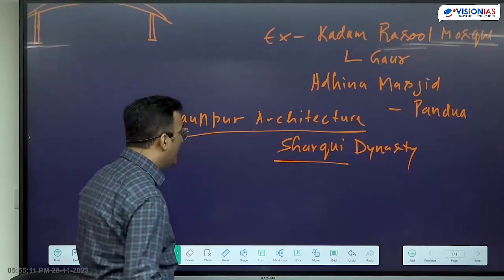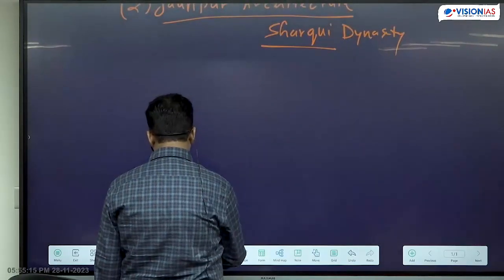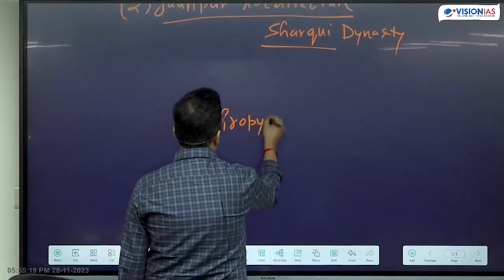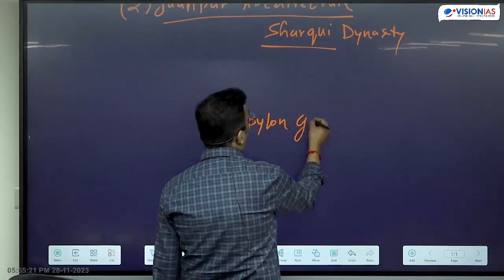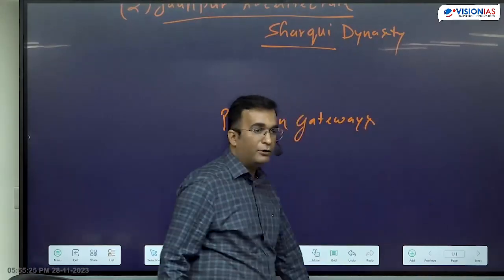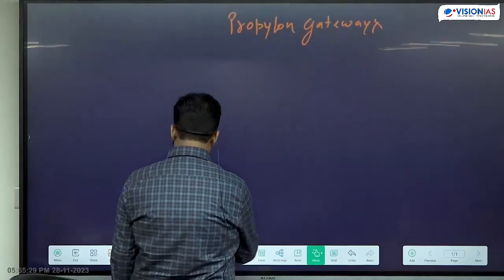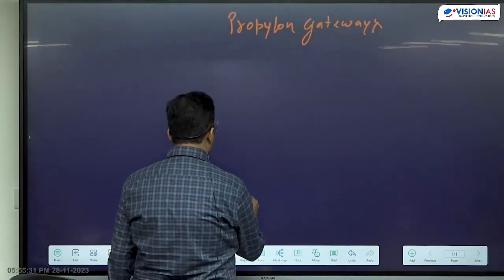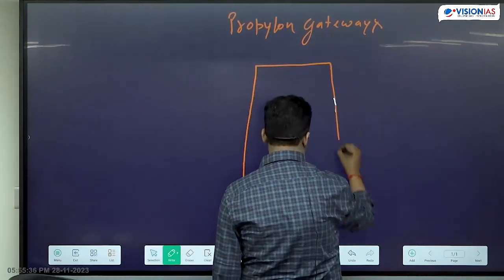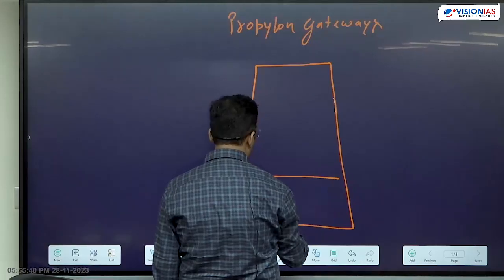The speciality of this style was basically creation of very big propylon gateways. And what is a propylon gateway? So let's understand with the structure itself. In the middle, they will be creating a very big gate, and this gate might have many arches, layers of arches.